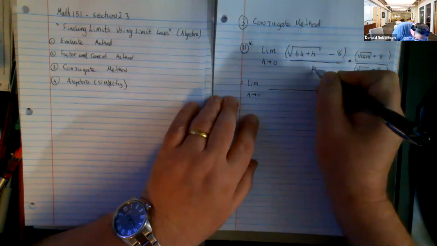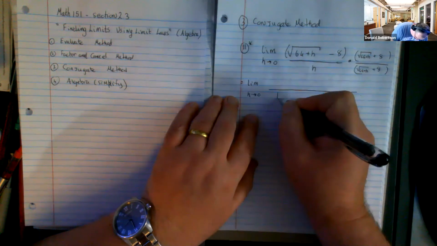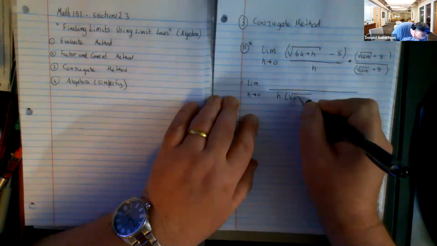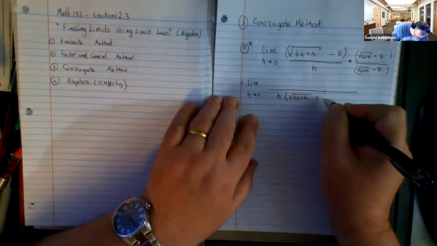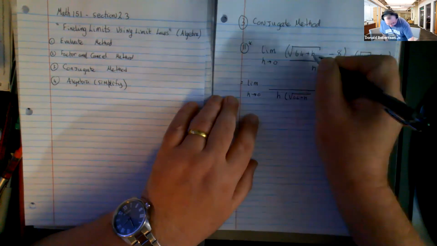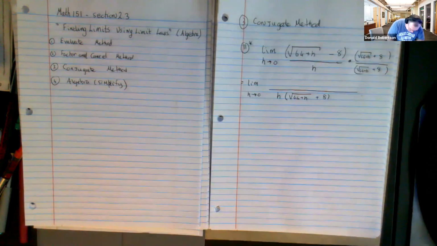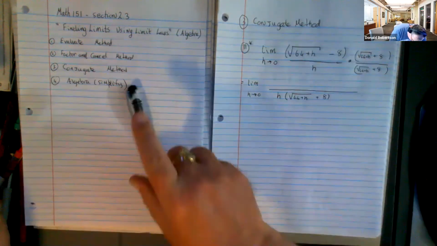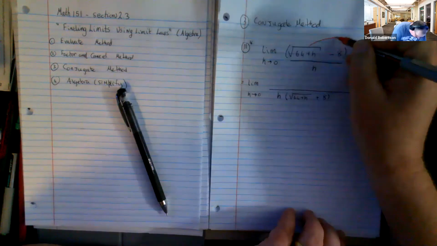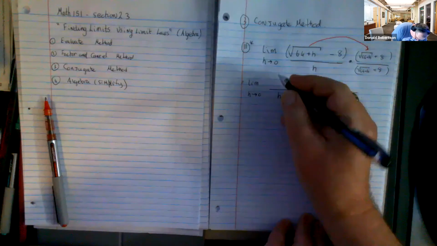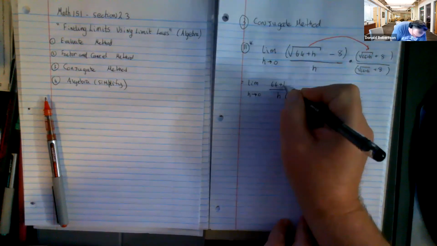The denominator in this case just gets written down. You don't need to do anything. You don't need to distribute it or whatever. But the top two guys get foiled. So here it goes. The square root of 64 plus h times itself gets you 64 plus h.